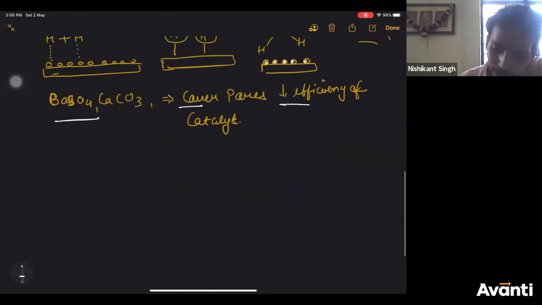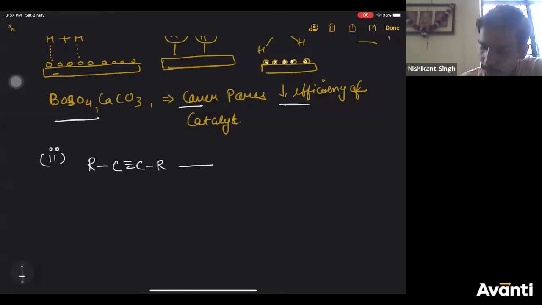Now let us see how you can get a trans alkene. You can get a trans alkene when you take an alkyne and treat it with sodium in liquid ammonia, or you can also use lithium in liquid ammonia.